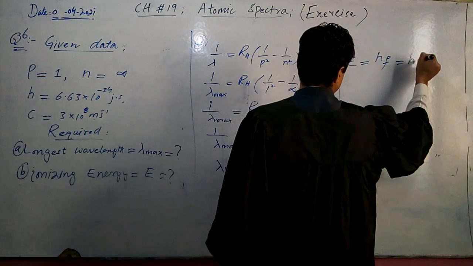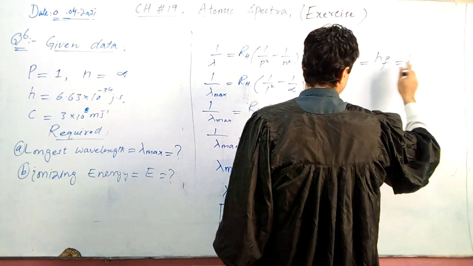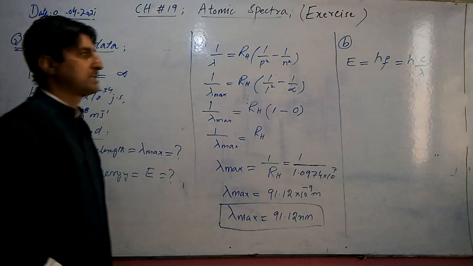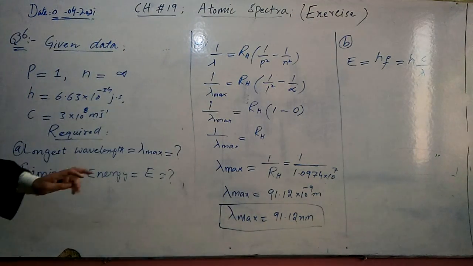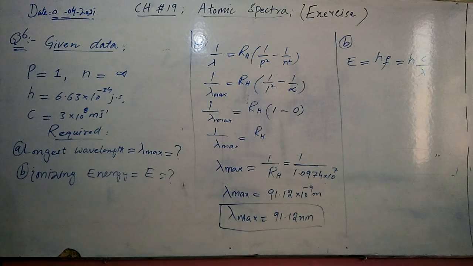Instead of f, we can write c divided by lambda. So E equals hc divided by lambda. Putting all these values, h is constant, c is constant, and lambda is known to us, which is 91.12 multiplied by 10 power minus 9.